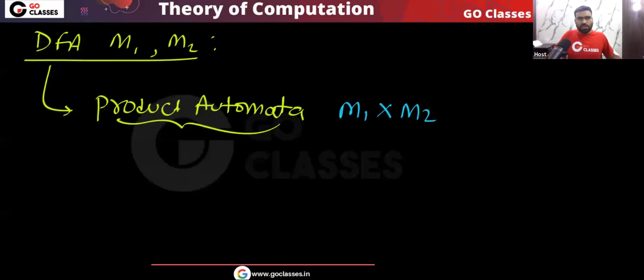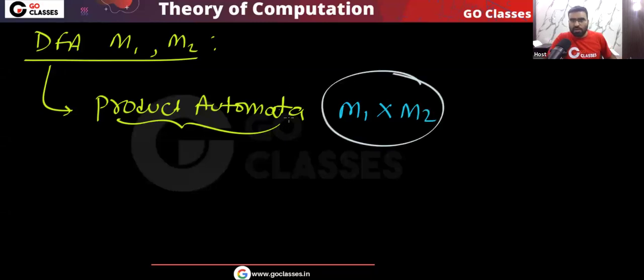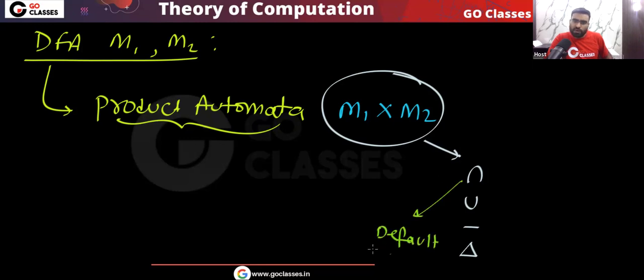We already know we create this for different operations: intersection, union, set difference, or symmetric difference. And I told you that this is the default if no information is given.